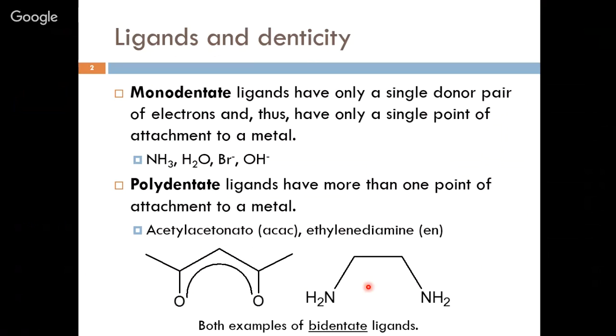And ethylene diamine over here, each nitrogen has a lone pair of electrons, and so those lone pairs can interact with a metal ion. In addition to the numbers of lone pairs of electrons, we have to consider the size and the geometry of the molecule that we're talking about. In this case, both of these are set up to nicely bond to one metal atom in the center.